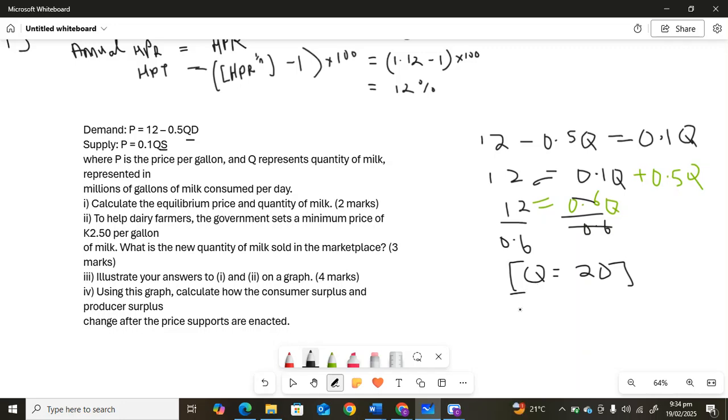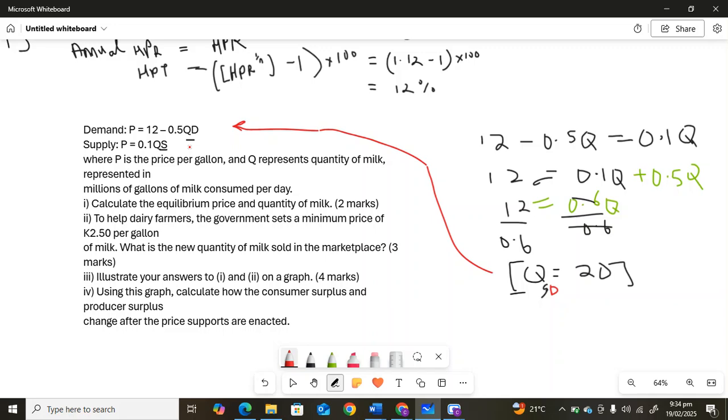Then, how do we get our equilibrium price? Substitute Q equals 20 in any of these functions.